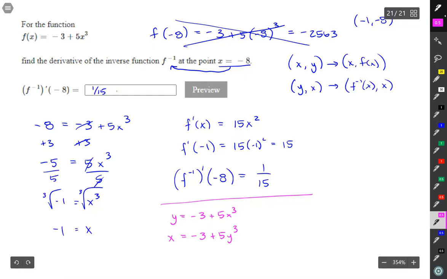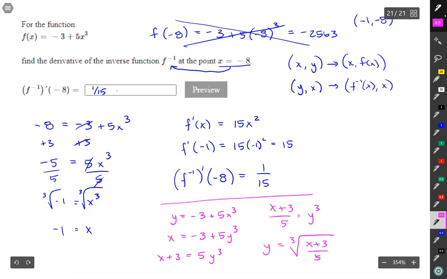That's just a trick we use from algebra. We resolve for the variable y. So this would be x plus 3 equals 5y cubed, or x plus 3 divided by 5 equals y cubed. So y is the cube root of all of this.